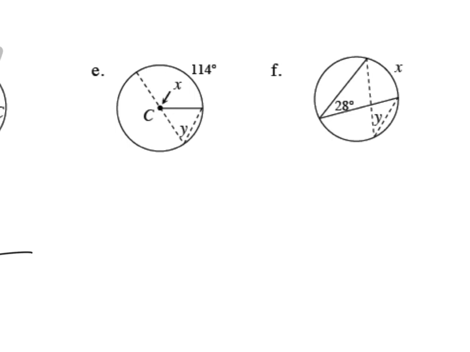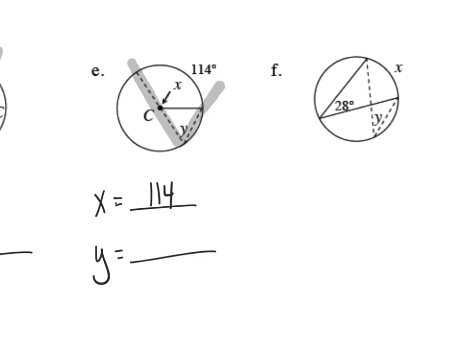Moving on to E, again, find x. Good, x should be 114, and then y. When I look at extending the sides that make y, I see that y is an inscribed angle, so I know it has to be half of 114.